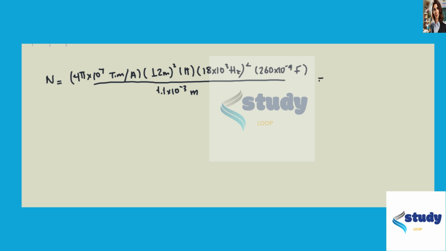When we plug in the numerical values, we get 43.49. Since you have to have an integer number of turns, you could say that this equals 43 turns.